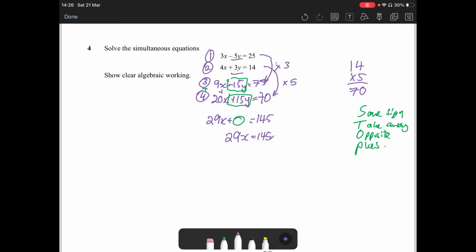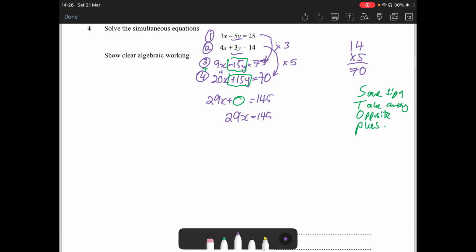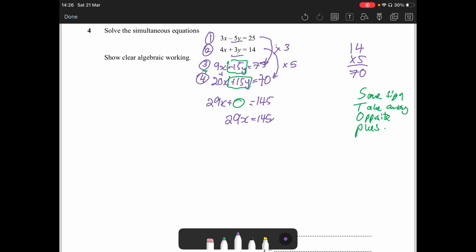Now, clearly this is not going to be a whole number. Why is it that I feel like I've made a mistake somewhere? Here we go. So, no, I haven't made any mistakes. It's just awkward numbers is all.